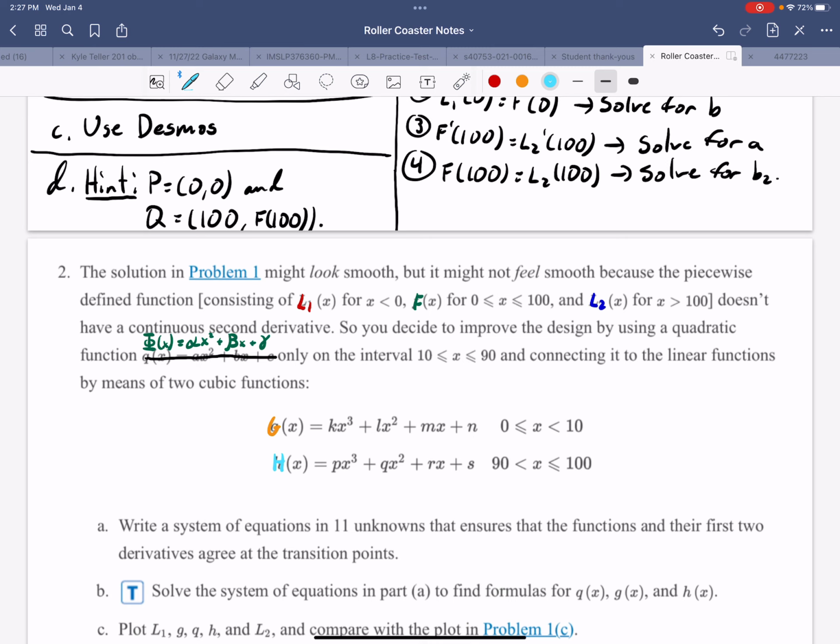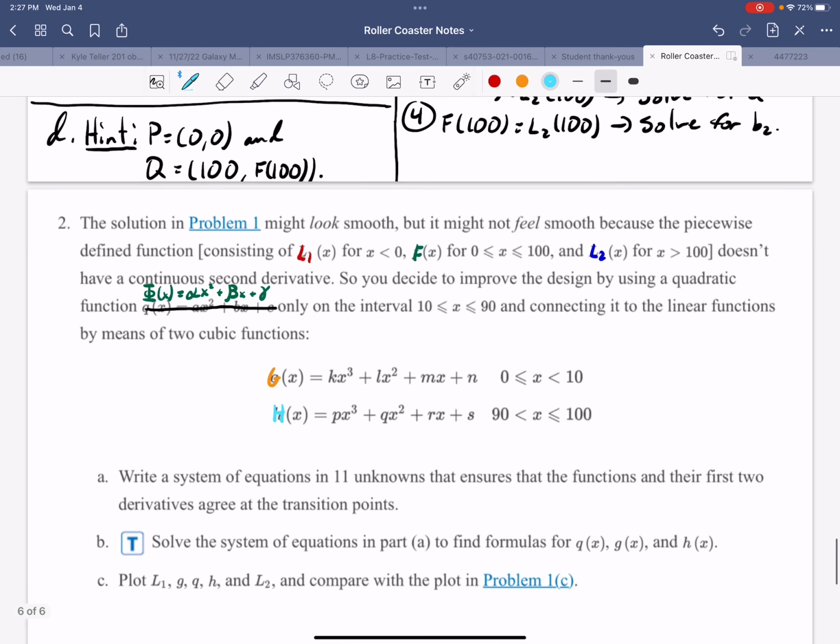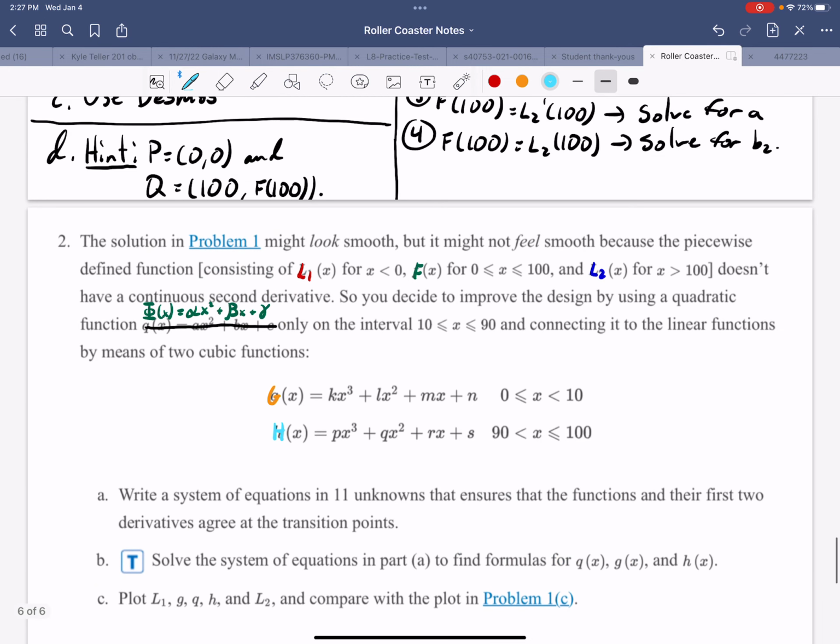And of course, L2 is what it normally was. So we stick a cubic g in between L1 and F, and another cubic h in between F and L2. So we actually have 5 functions.